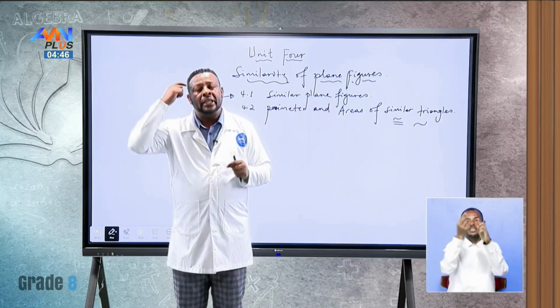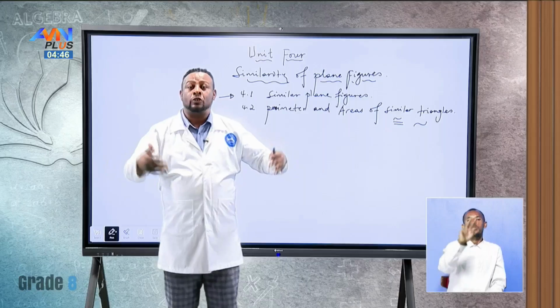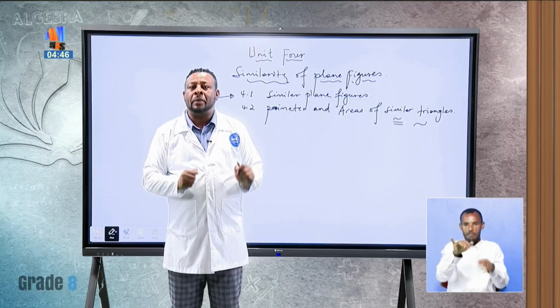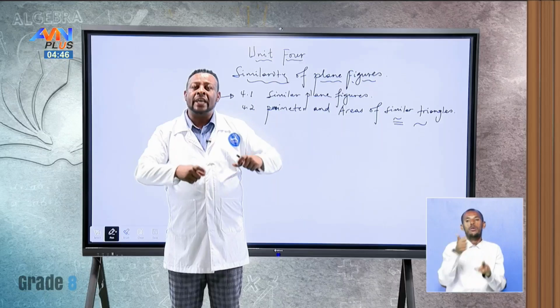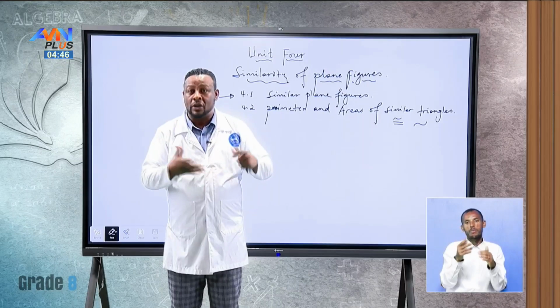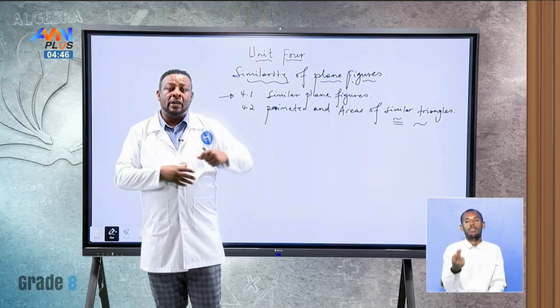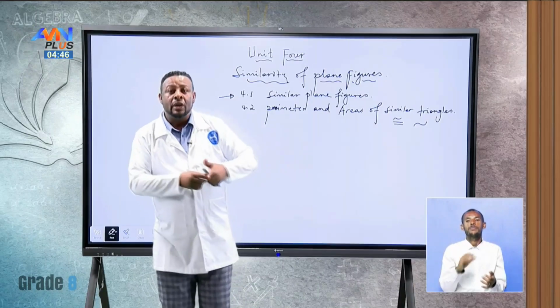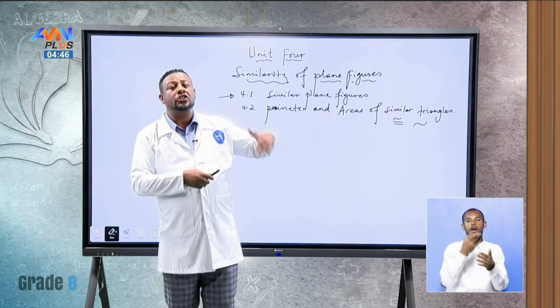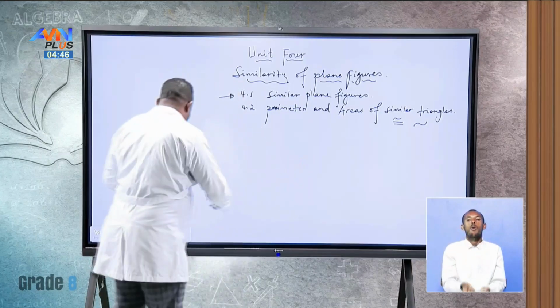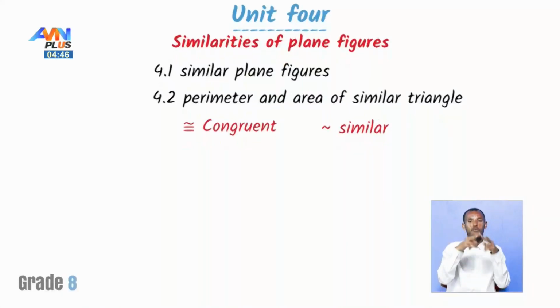Okay, literally, the two figures are said to be similar if they have the same shape. We don't care about whether the sizes are the same or not. Okay, shape is very important. So in our discussion here, we will have a formal definition that represents similar polygons. Okay, so let's focus on similar polygons.